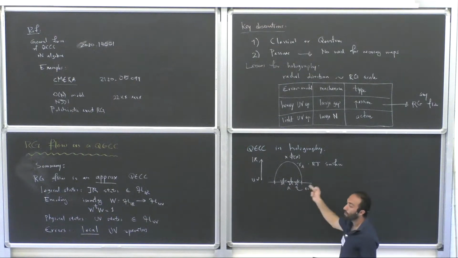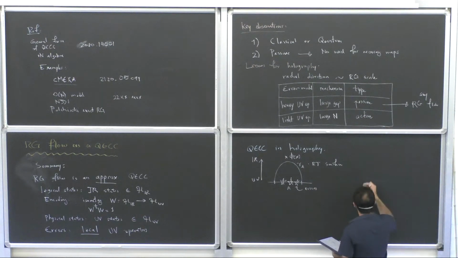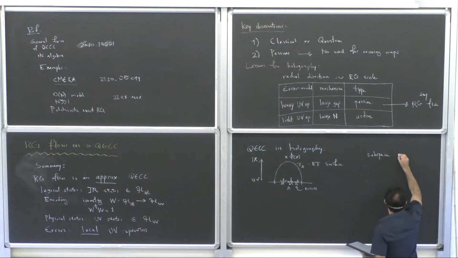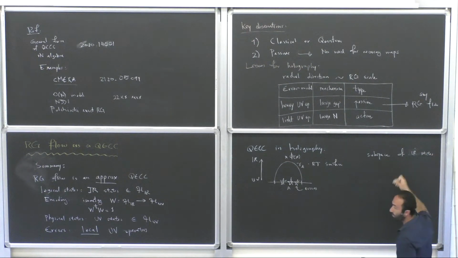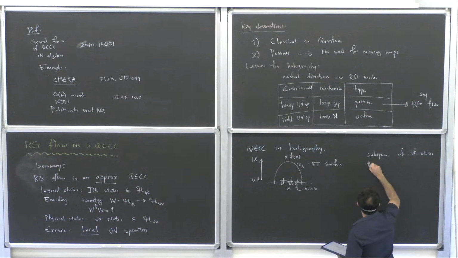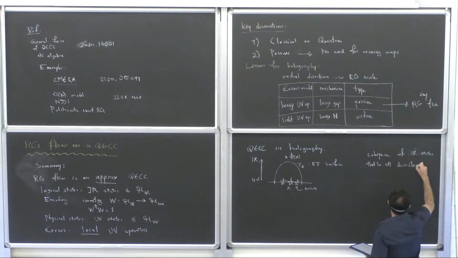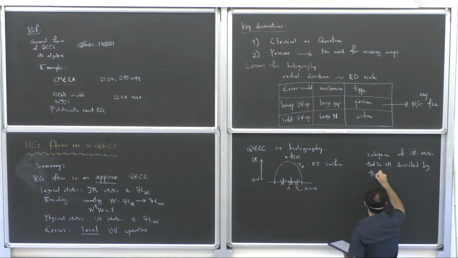So a geometry like this does not represent a single state, but rather represents a subspace of infrared states. I'm using the term subspace loosely, but you'll see in what approximations these become exact. These are all described by the same geometry.